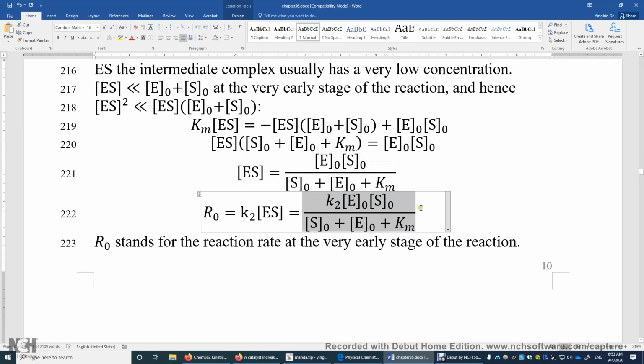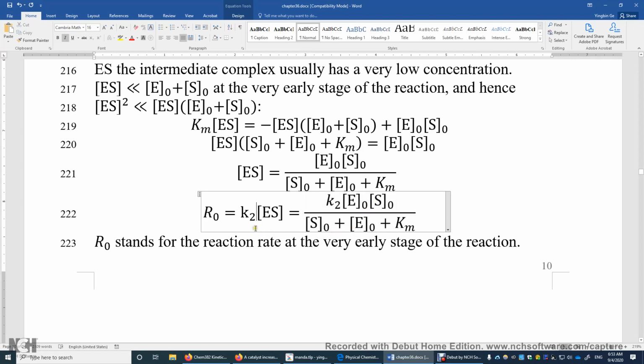If you look at this expression, we can easily measure the initial concentrations of E0, S0, right? It still looks complex with so many terms, but E0 and S0 are the initial concentrations of the enzyme and the substrate. As a chemist, we usually measure the initial concentrations of the substrate and enzyme. So you are looking at many constants here.